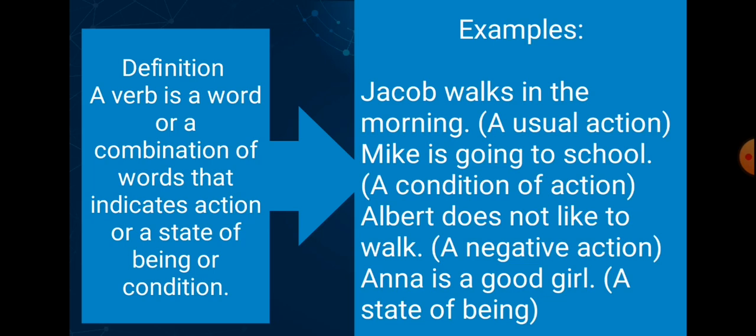So verb indicates three things: action, mostly it shows action in writing and speaking, and it also indicates condition and state of being. It will be clear to you from the example. Let's read the example.